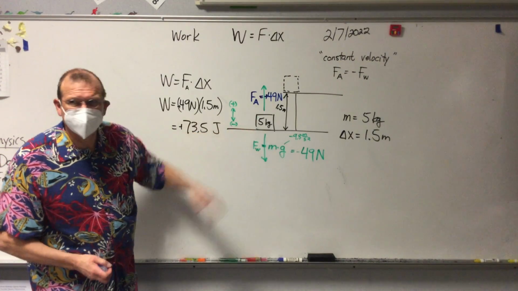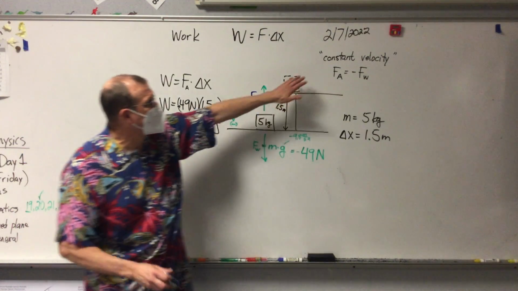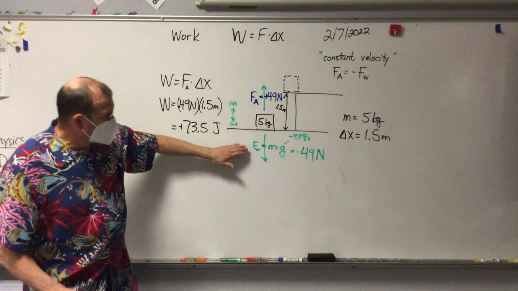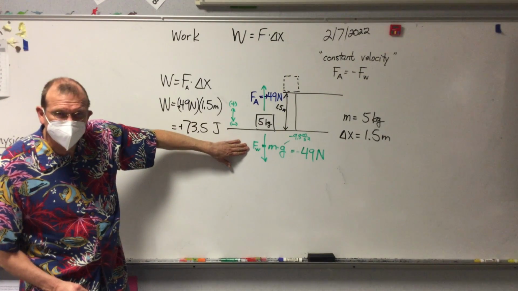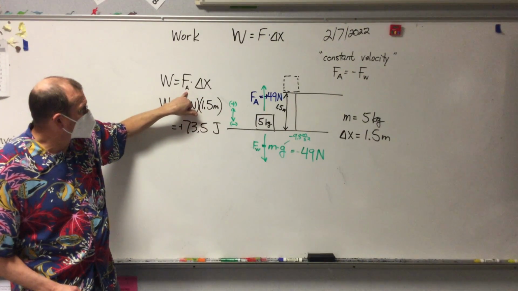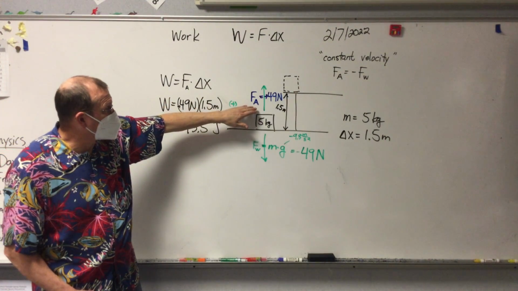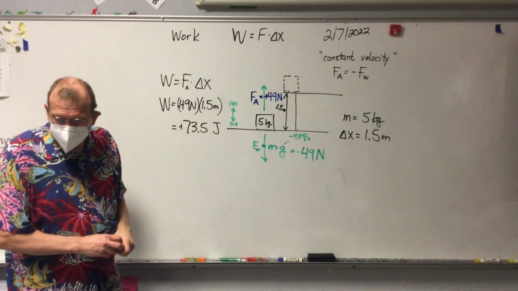So, this is the idea of a problem when you're lifting or lowering something at constant velocity. The key thing that you need to find is the weight of the object, and then the applied force, which is the one that goes in here, is going to be equal but opposite to the weight, because all you're doing is balancing out the weight.